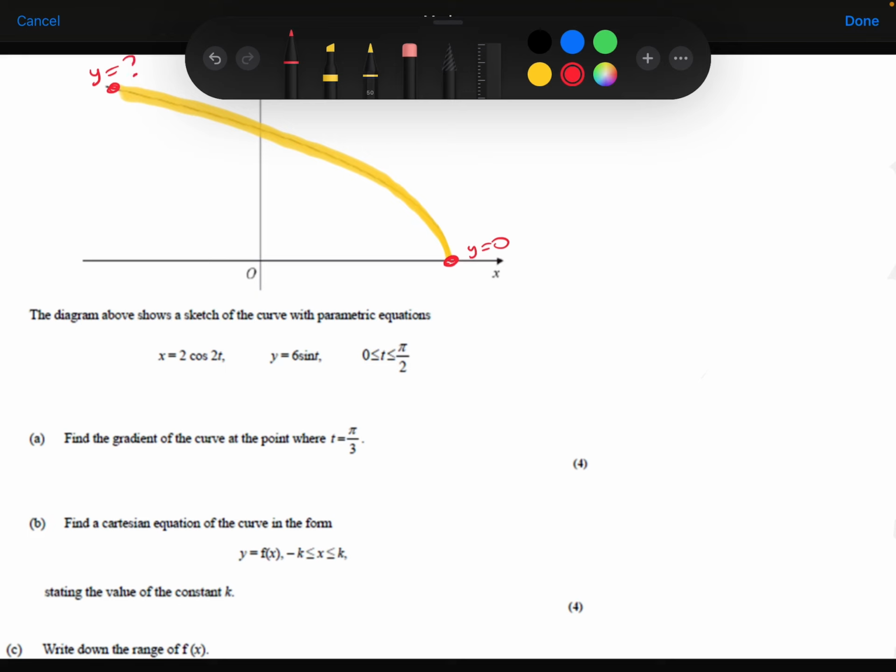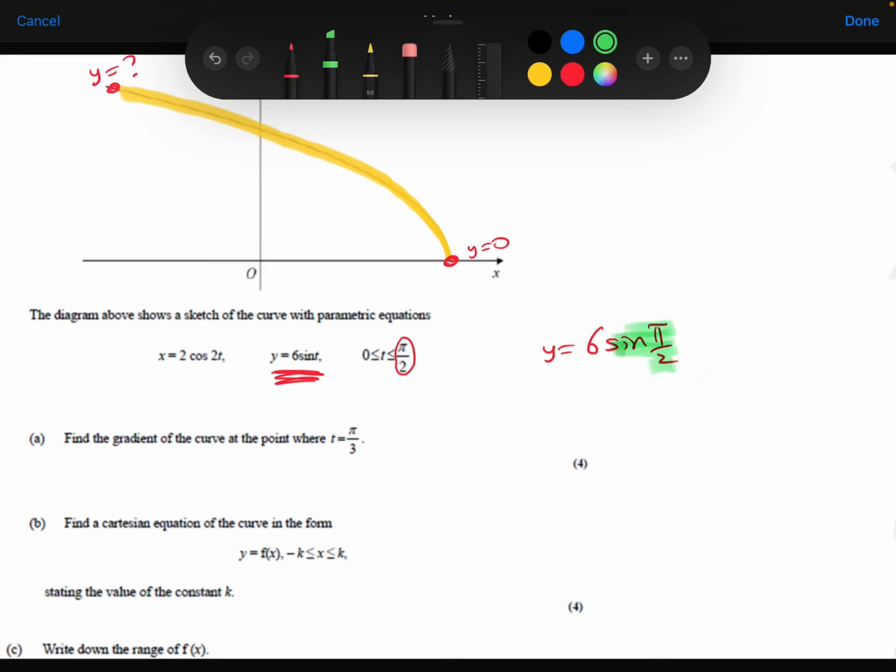What's the biggest that y can be there? Let's look at the y equation here. We've got 6 sine t. The biggest that sine t can be is when t is pi over 2. Because sine pi over 2 is 1.